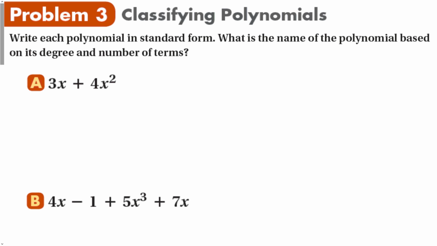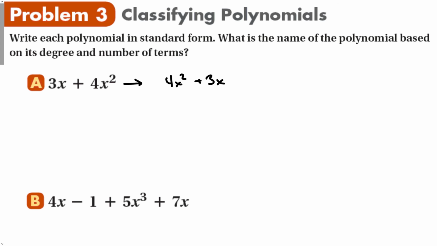Okay. So write each polynomial in standard form. Then, what is the name of the polynomial based on its degree and number of terms? So we can't put these two monomials together, but they're still not in standard form yet. What we need to do is make them the biggest exponent first, down to the smallest.